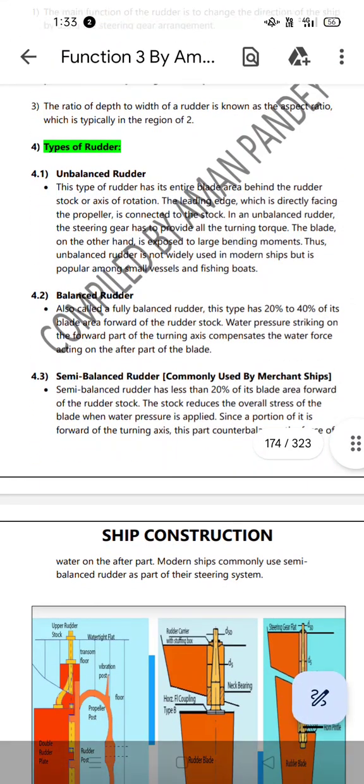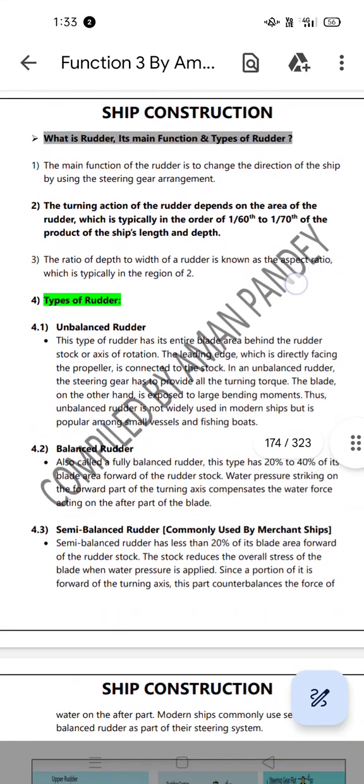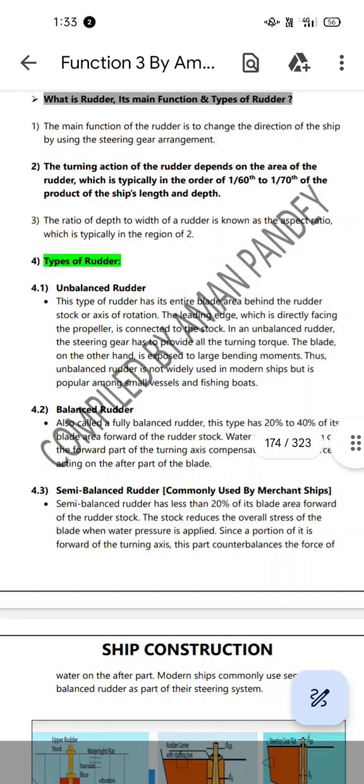Now coming to the rudder. The rudder basically helps in steering of the vessel, which depends on the ratio of the area forward and aft of the rudder stock. It is divided into three types: unbalanced rudder, balanced rudder, and semi-balanced rudder.